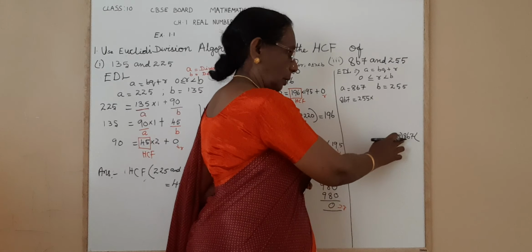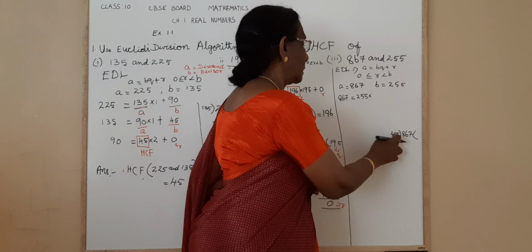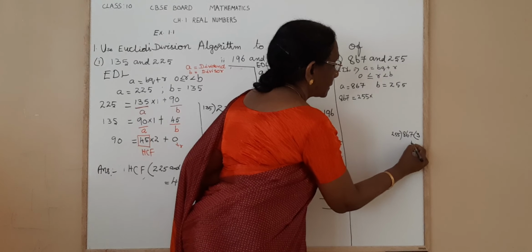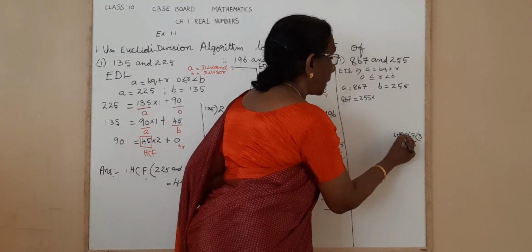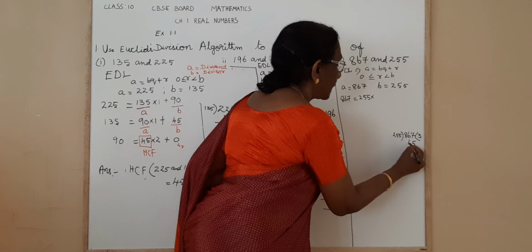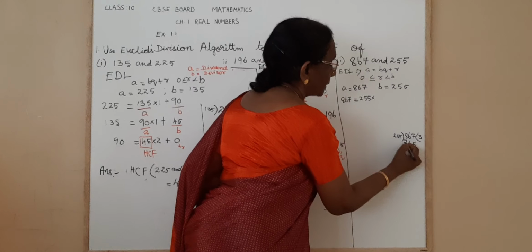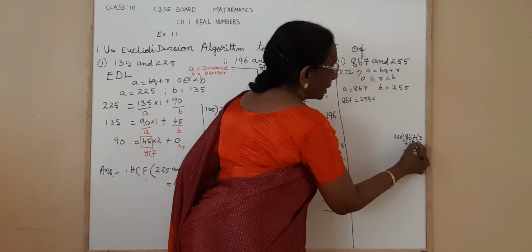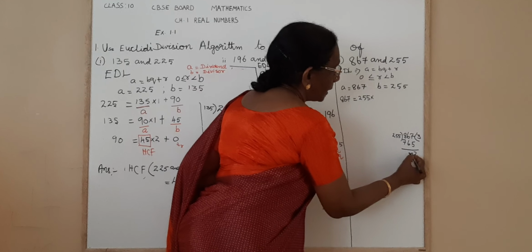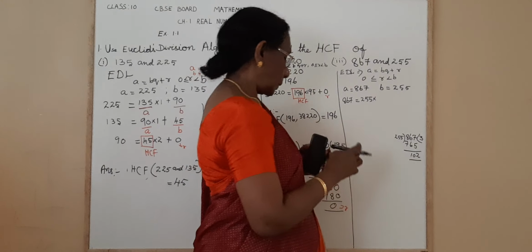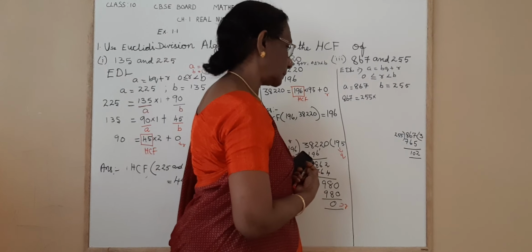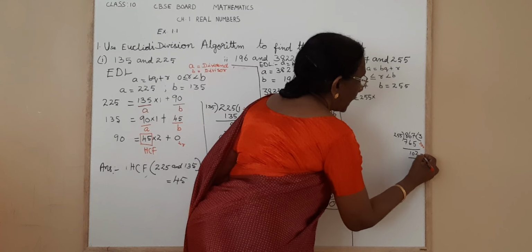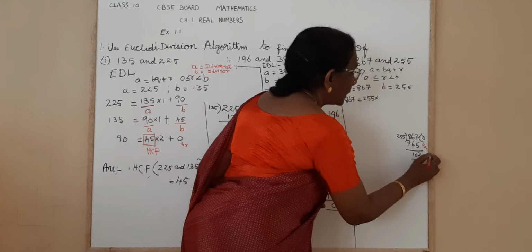It may go 3 times. 3 5s are 15. 1, 15, 6. 3 2s are 6 plus 1, 7. Now 7 minus 5, 2. 6 minus 6, 0. 8 minus 7, 1. So what is the quotient? 3 is the quotient and 102 is the remainder.